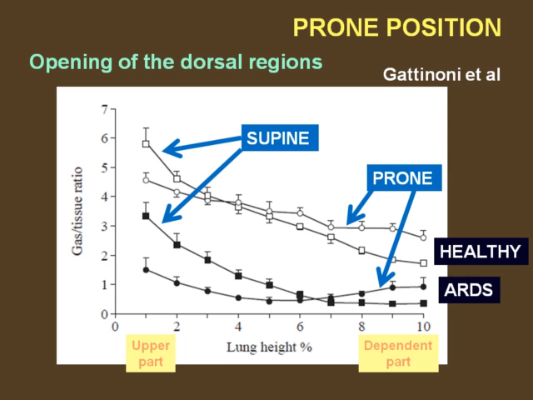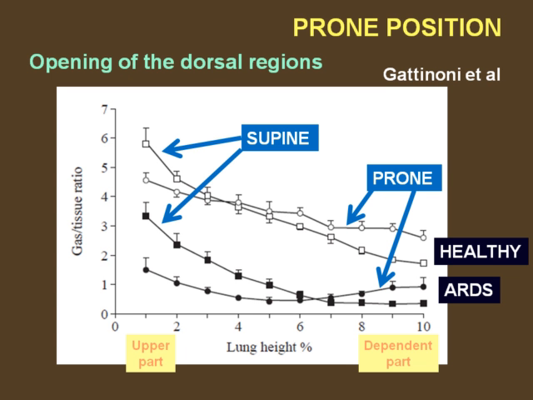To emphasize this, I will use one very important scheme coming from Luciano Gattinoni, showing that in healthy individuals, open symbols, like in ARDS patients in closed symbols, when you go from left to right, you are looking at the lung height, and the y-axis represents the gas to tissue ratio, the degree of aeration of the lungs.